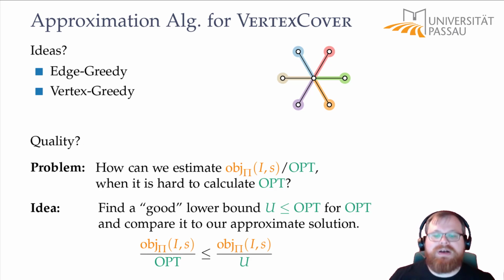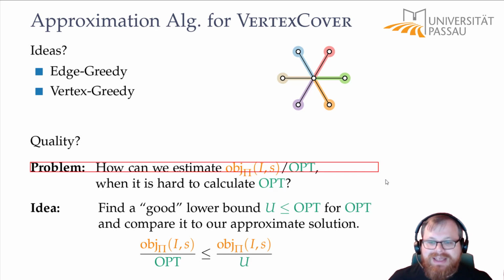So our alpha can also be estimated by this equation. That means that the task we have now is not even to find an algorithm, but first to find a good lower bound. The nice thing is that finding a lower bound also often immediately gives you a good algorithm. And that's something that we will see here now.